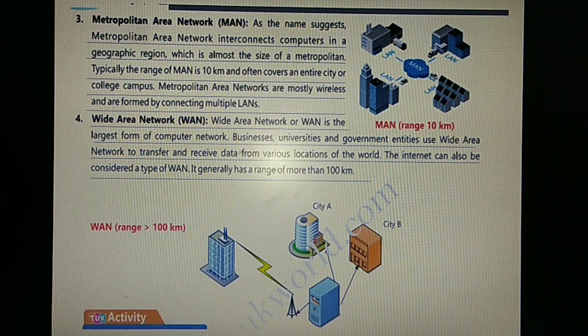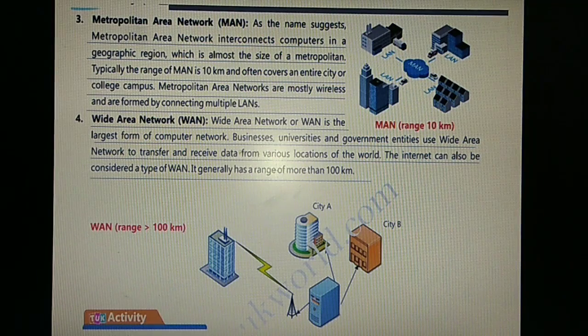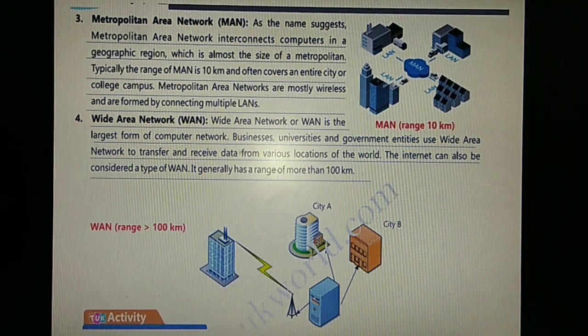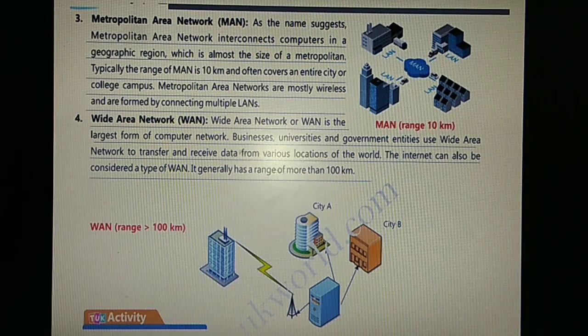Different businesses from one country to another, universities, and government entities use a wide area network to transfer and receive data from various locations of the world. The internet is considered a type of WAN, and WAN is one of the largest forms of computer network.